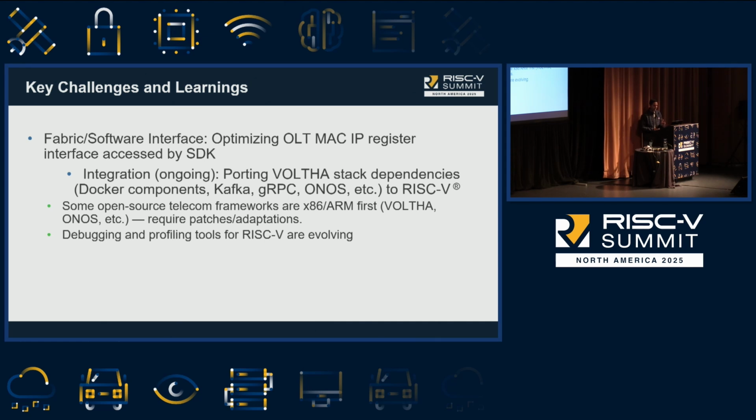So we have been adapting that. And then certain debugging and profiling tools for RISC-V have been evolving. But I think we are going good there. So once this entire VOLTHA stack gets integrated, then the performance has to meet the goals that we discussed before.